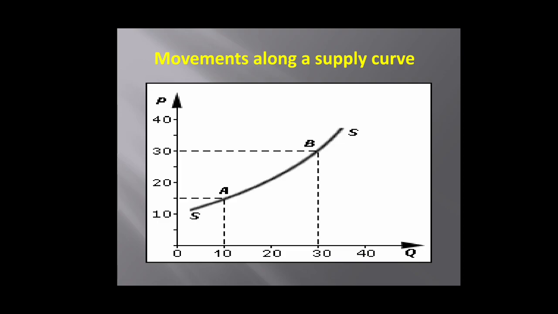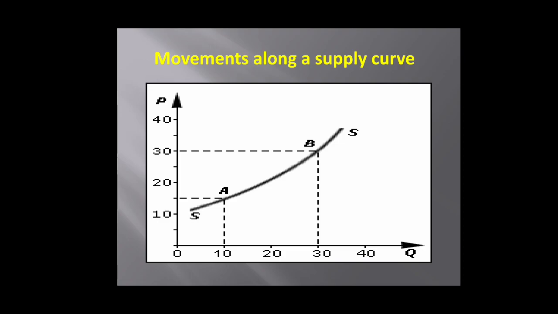Thus, supplier in this case moves from point A to point B on the same supply curve. Thus, movement from a lower point to a higher point on the same supply curve indicates extension of supply, or we can say that upward movement along a supply curve represents extension of supply.